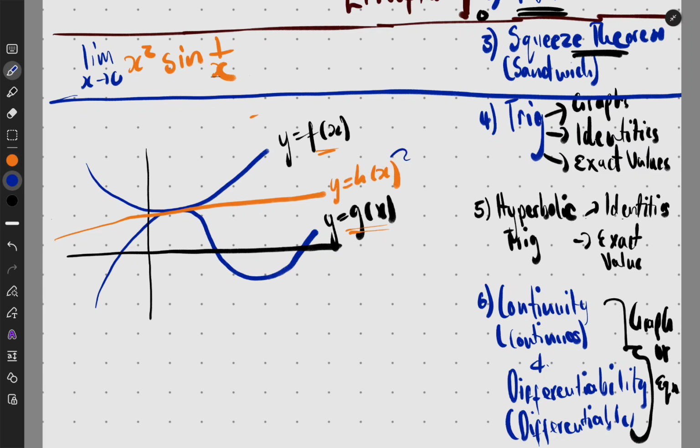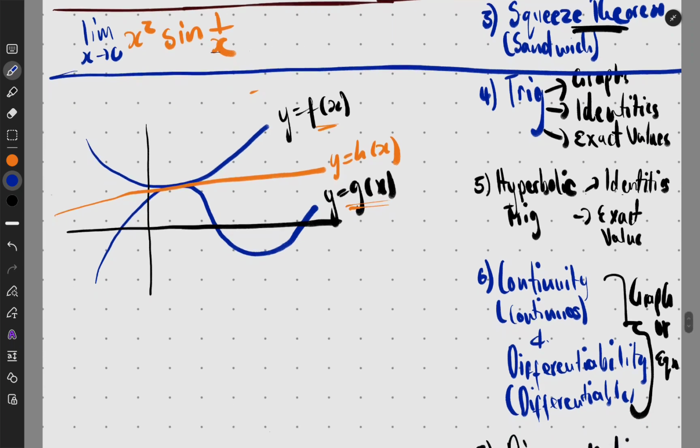Now, if h of x is always going to be between f of x and g of x, that means that if you ever find a special point like this point where x is equal to c, so here is the value of c, and the two graphs y equals f of x and y equals g of x are together, in other words, they're giving you the same limit, the same y value called L, then h of x, which is in the middle, will have to give you the same limit.